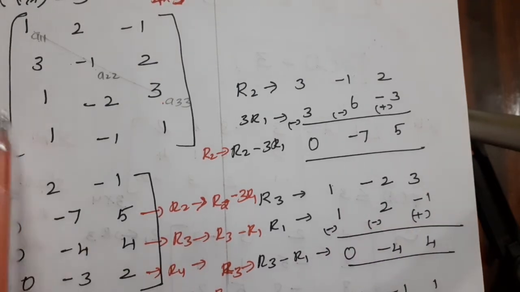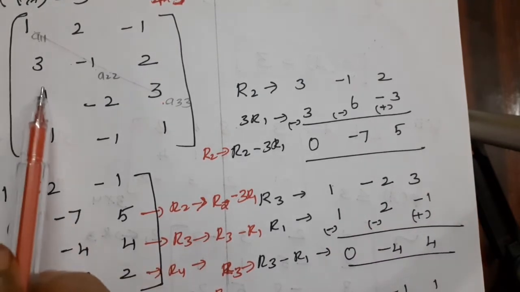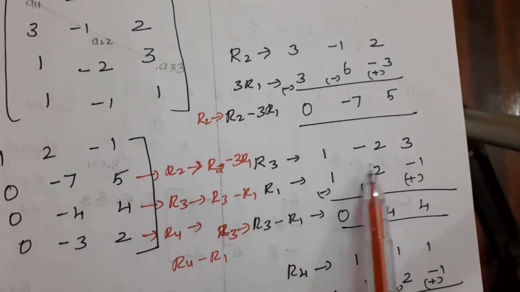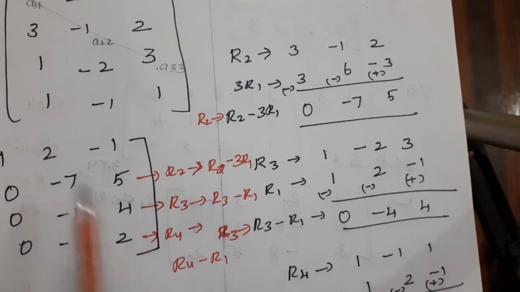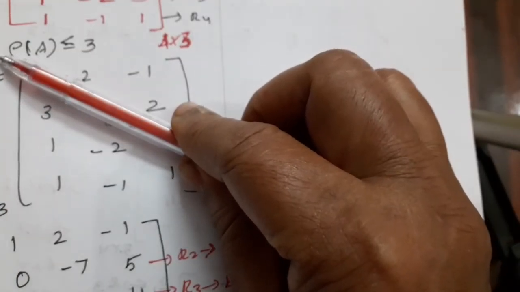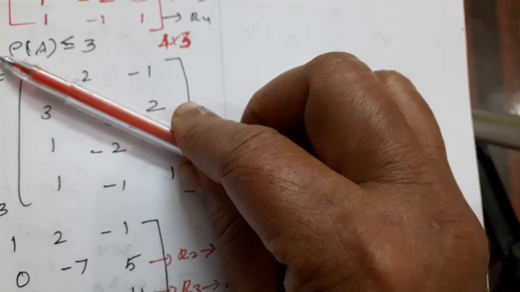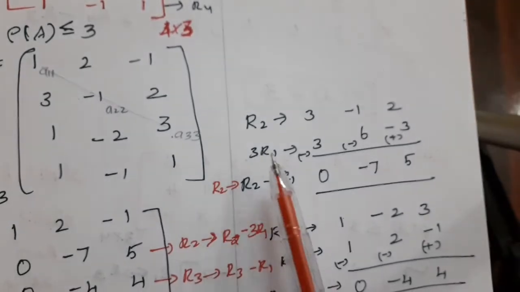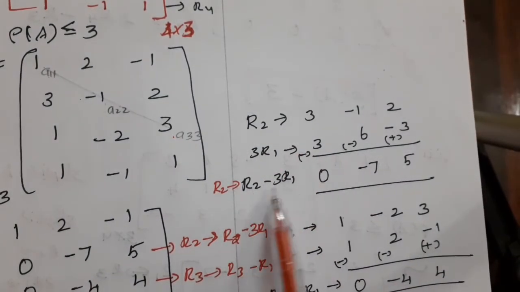So R3 minus R1, 1 minus 1, because we want to make the elements below the main diagonal become 0. So first I write R2 minus 3R1.